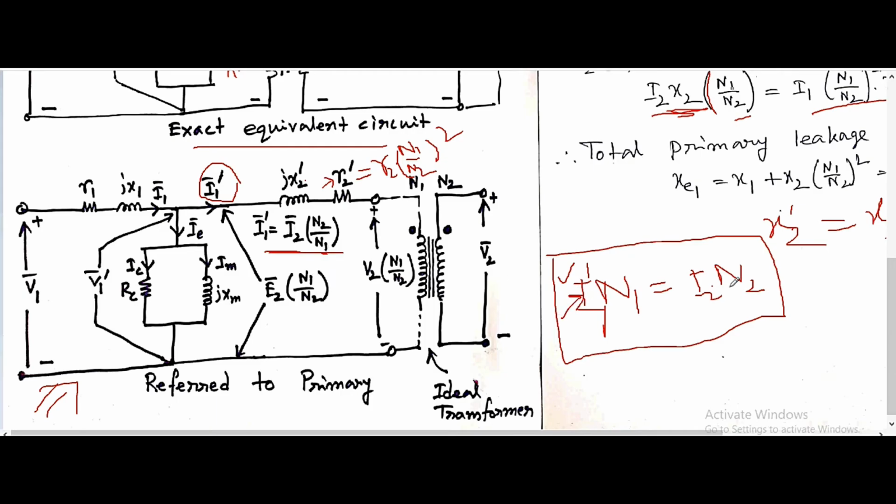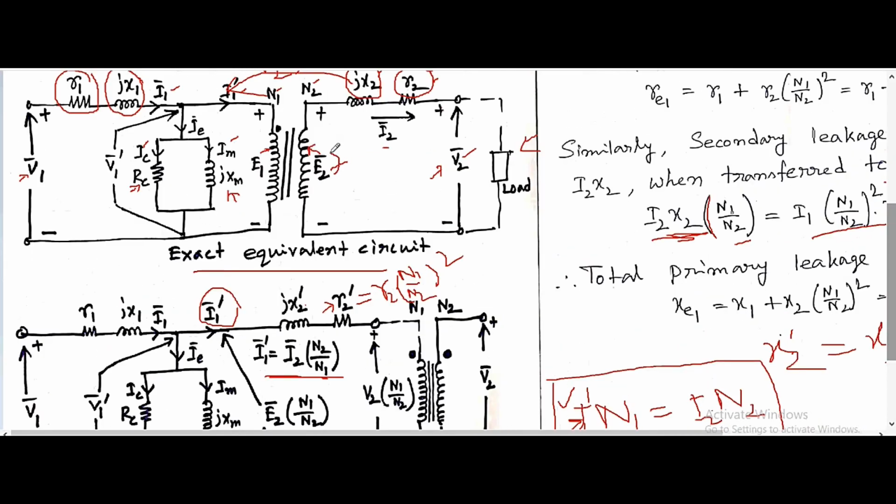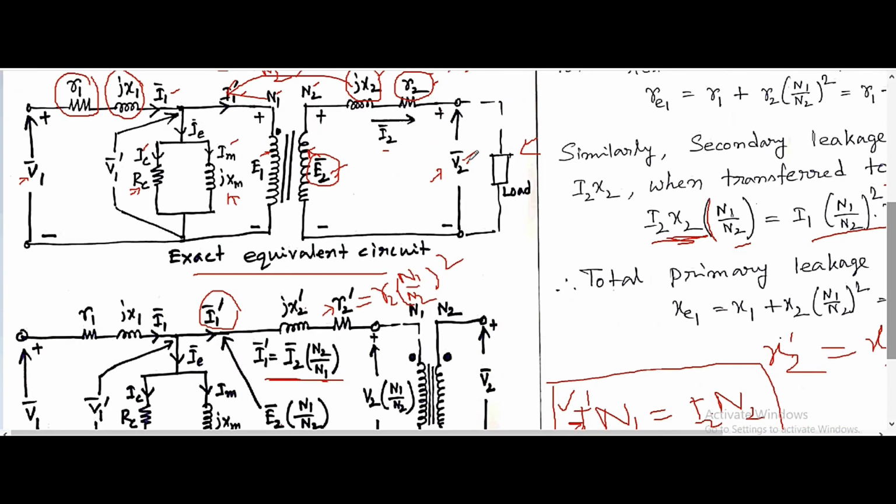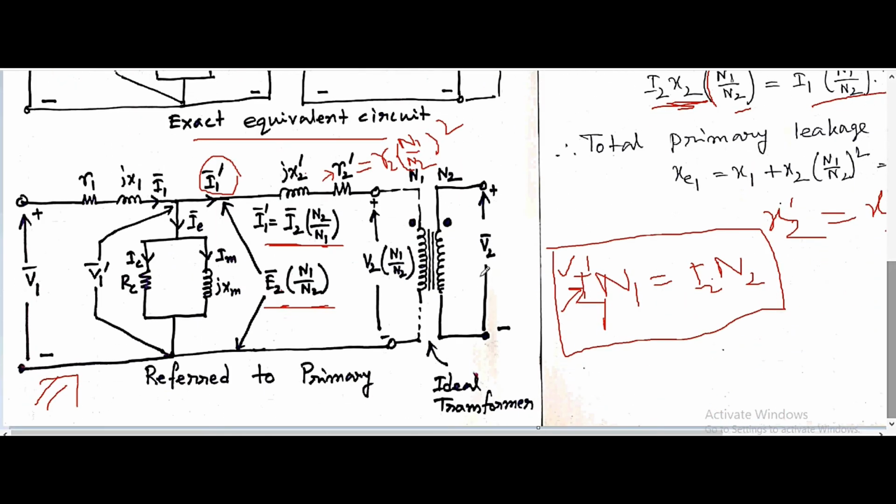Now similarly, if we transfer the voltage E2 to the primary side, this is the primary voltage side, so the voltage must be multiplied with the ratio of number of turns, that is N1 by N2. The secondary load voltage is V2, and if we transfer this to the primary circuit, then again we need to multiply with N1 by N2.